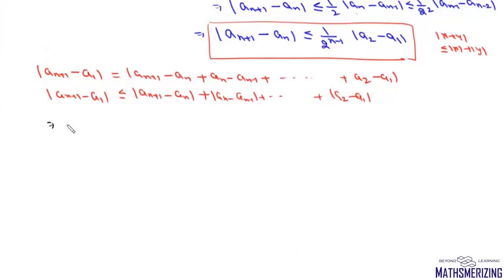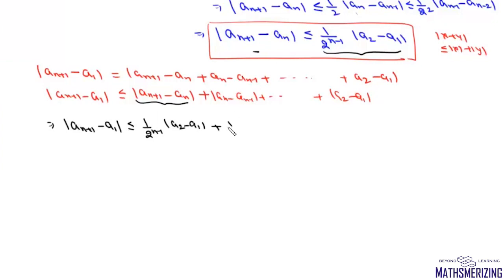So we can write this as mod of an plus 1 minus a1 is always less than mod of an plus 1 minus an, which is less than or equal to 1 upon 2 to the power n minus 1 into a2 minus a1. So it is less than or equal to 1 upon 2 to the power of n minus 1 times a2 minus a1.